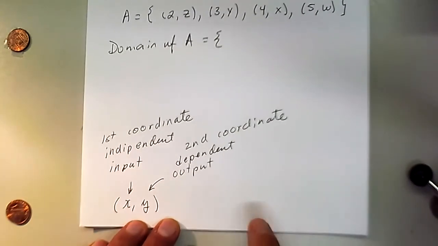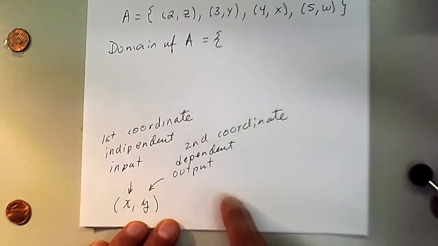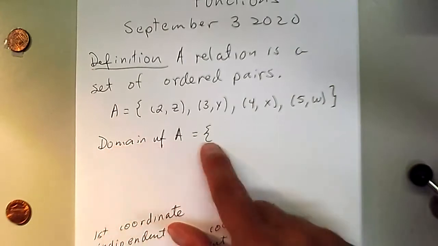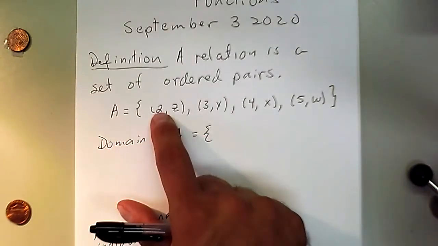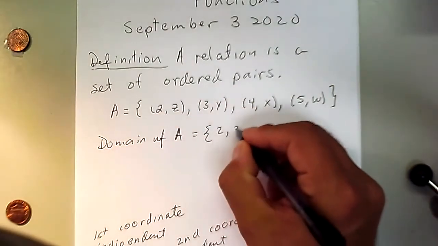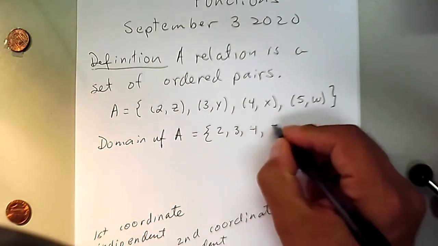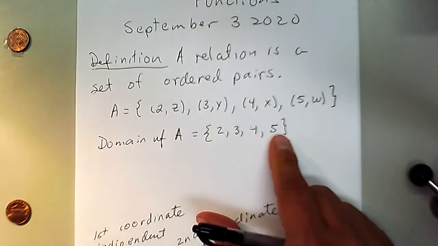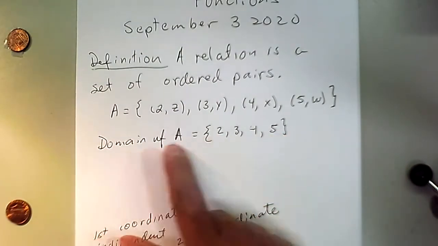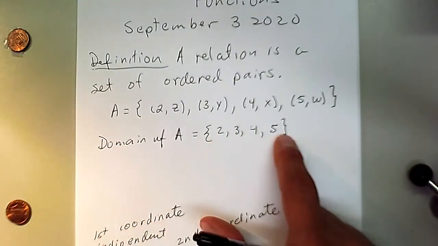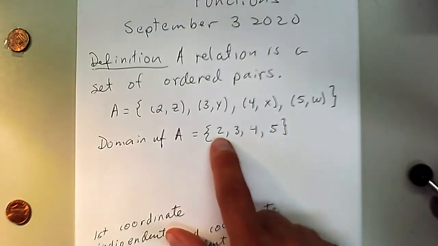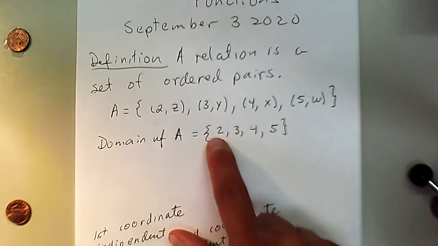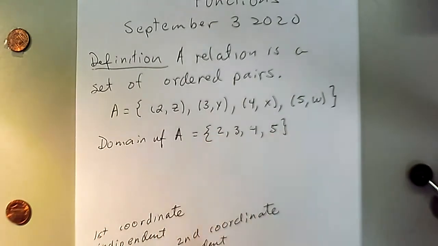Instead, I can just have a name for them, and then we can refer to those. So the domain is the set of all the inputs, 2, 3, 4, 5, and that's it. So the domain contains 5 elements in it. I'm sorry, I'm mistaken. 4 elements. I saw the 5, so I said 5, but actually there are 1, 2, 3, 4 elements.